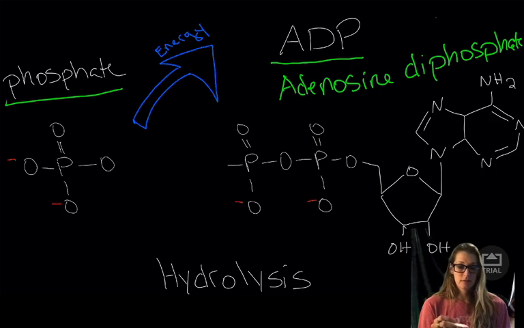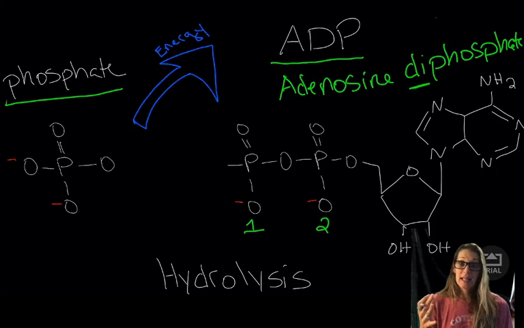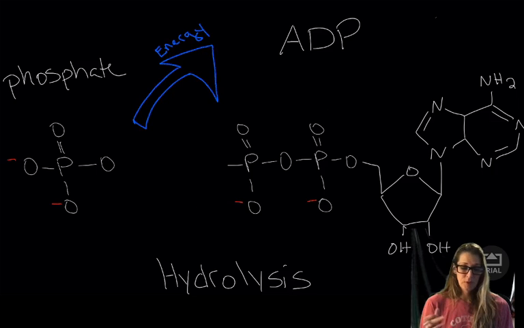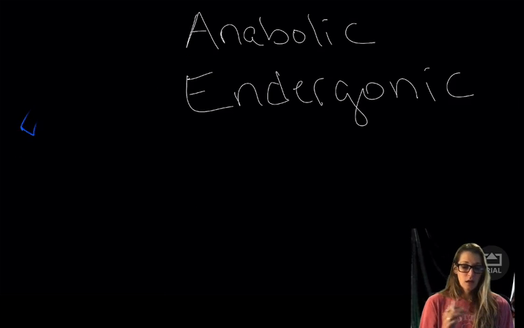Instead of tri, now it's di, because there are 2 phosphates now instead of 3. That's why it's ADP. This process of breaking off that phosphate, this hydrolysis, releases energy, and this energy is then available to be used for cellular processes.